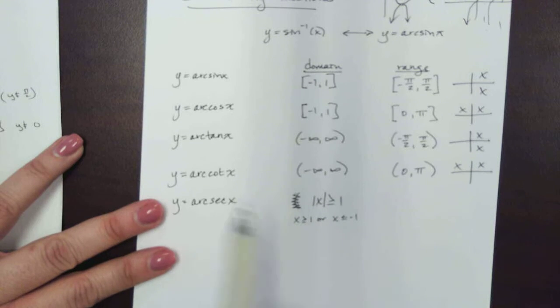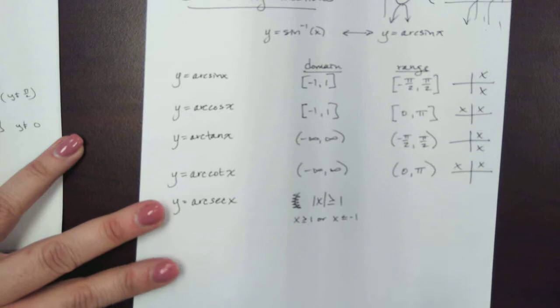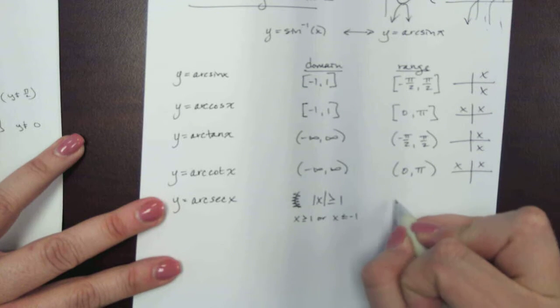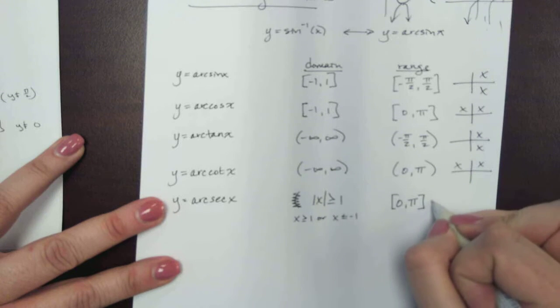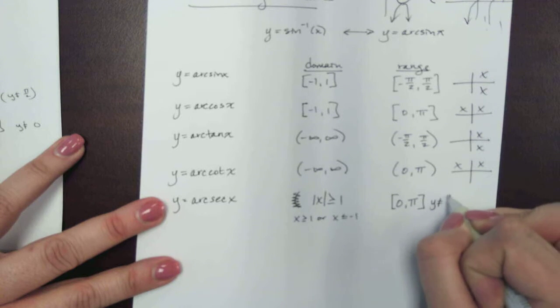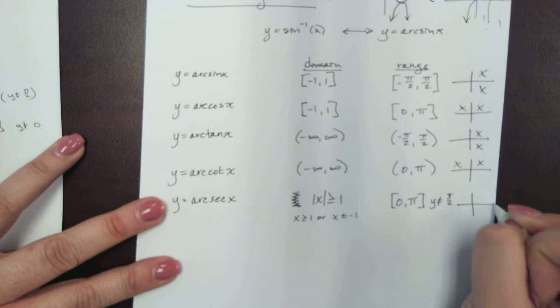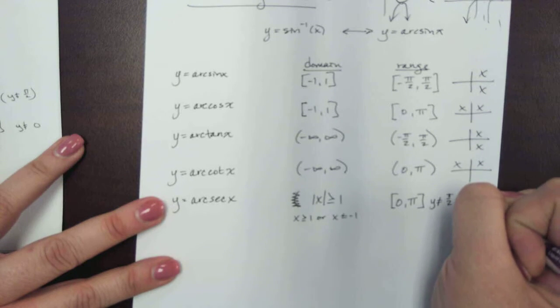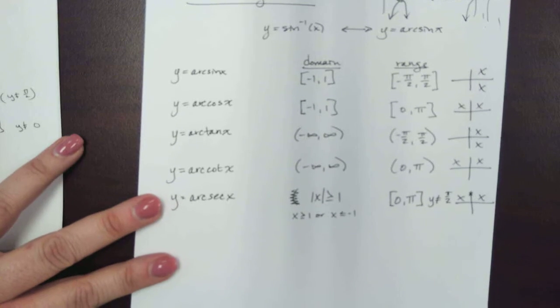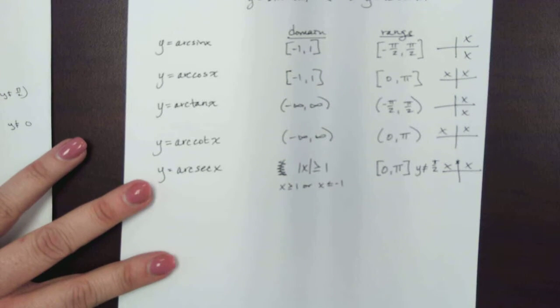We're talking parent function, so it's going to be 1. Its range is going to be bracket 0 to pi, but y cannot equal pi halves. So I am like this, and I'm going to put a little x on the axis because I cannot include that.